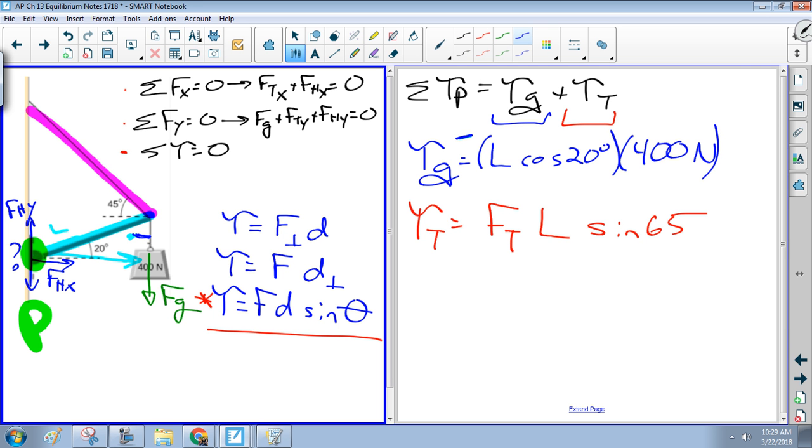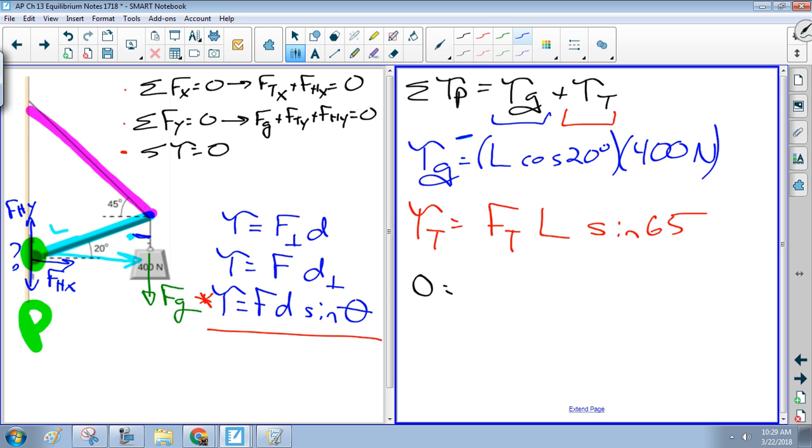So this black equation, the net torque needs to be what? 0 equals the torque from gravity, which is negative L cosine 20 times 400, plus Ft times L times sine of 65, and solve it.